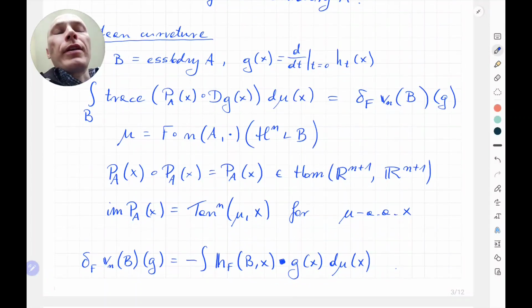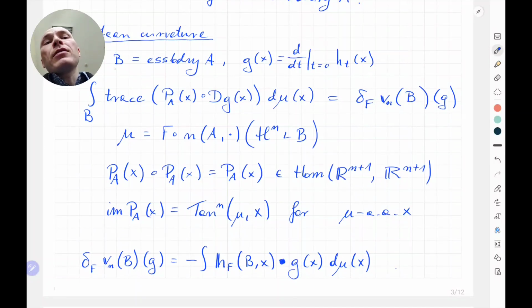So if you are wondering, in case this set B is a smooth, or at least C2 manifold, then it has mean curvature defined classically by second derivatives of the parameterization, say, and this variational notion of the mean curvature coincides with the classical one in case B is smooth.